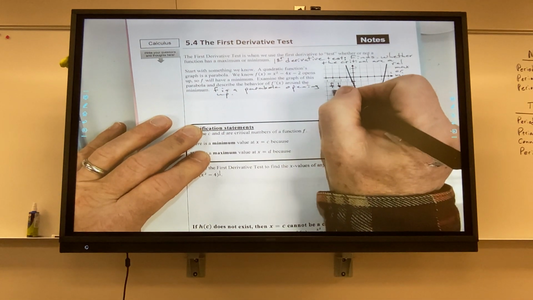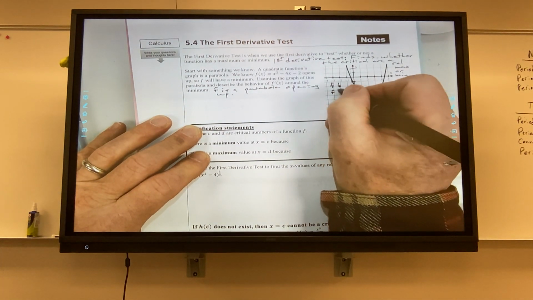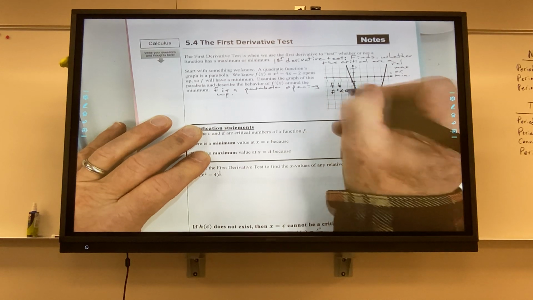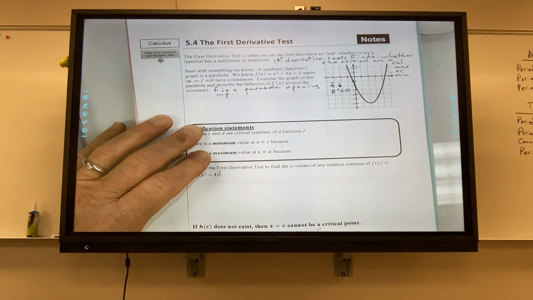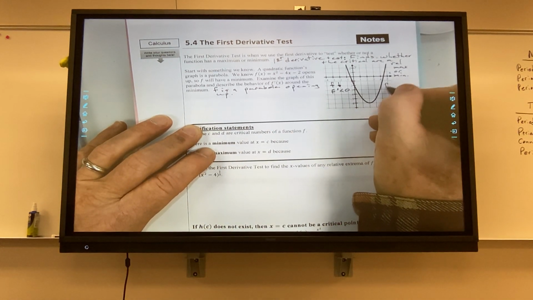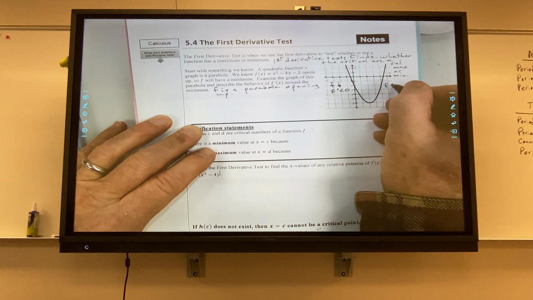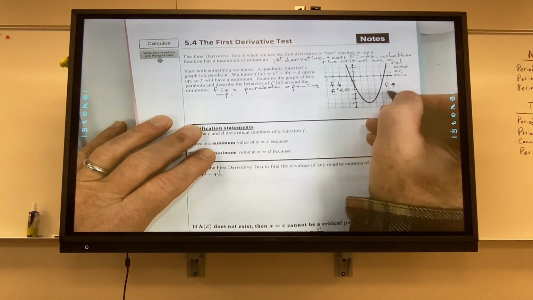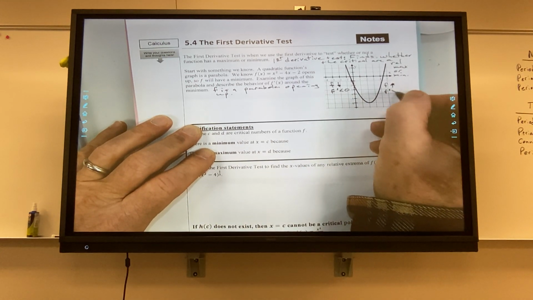I also know, since f of x is going down, that its derivative is less than 0. On this side of the vertex, f of x is going up, and its derivative is positive.